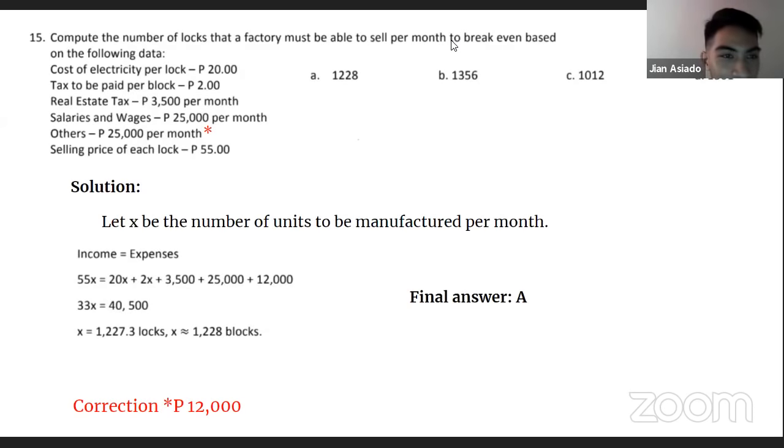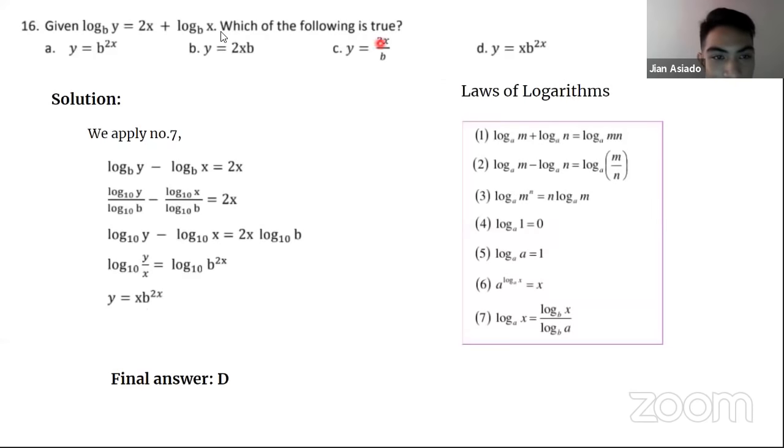And then number 16, which of the following is true? Well, ito naman, we apply number 7, law of logarithms. Mula dito, apply tayo ng number 7. So, si number 7, log of x base a is equal to log of x base b over log of a base b.